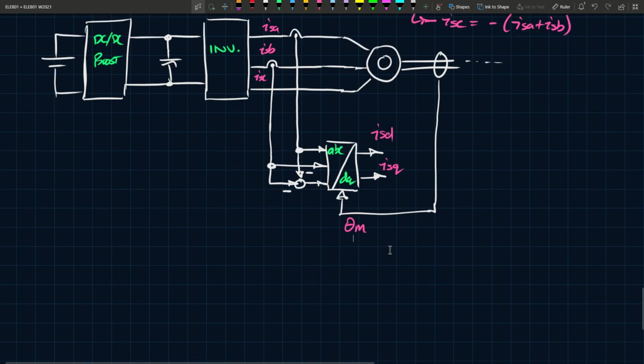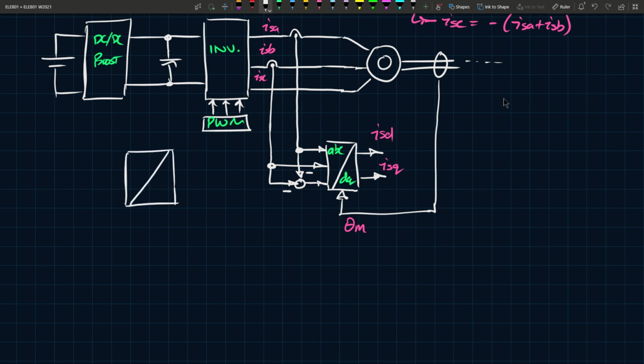But the last thing we do is, from our control loops, from our microprocessor or whatever control platform we decide to use, we will have signals. Let's say we have 3 sets of signals. These are PWM, pulse width modulated signals, and they come from your DQ to ABC conversion.